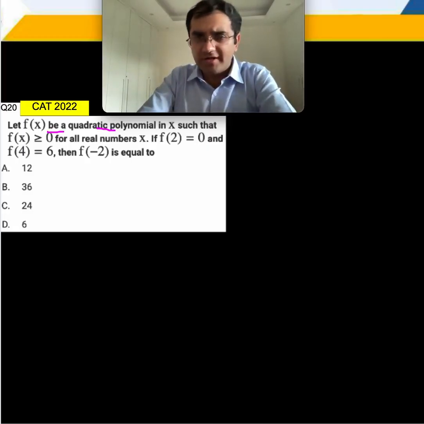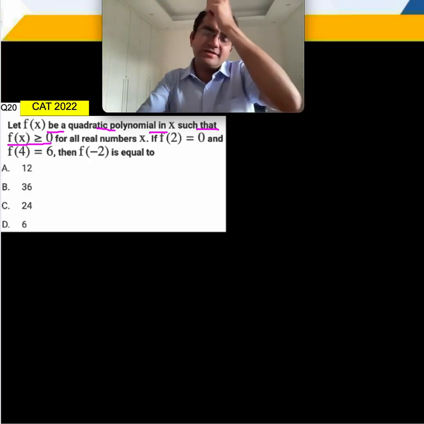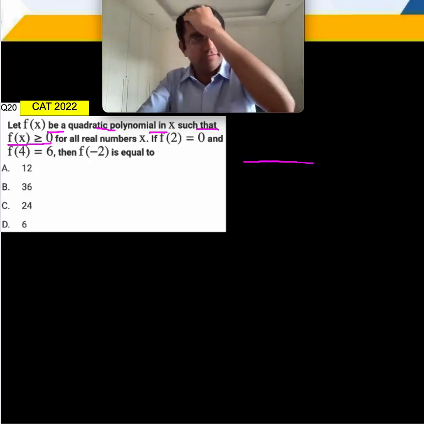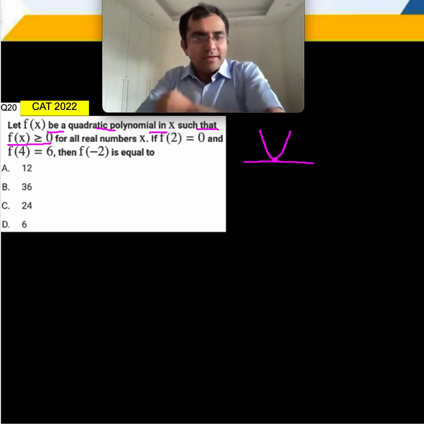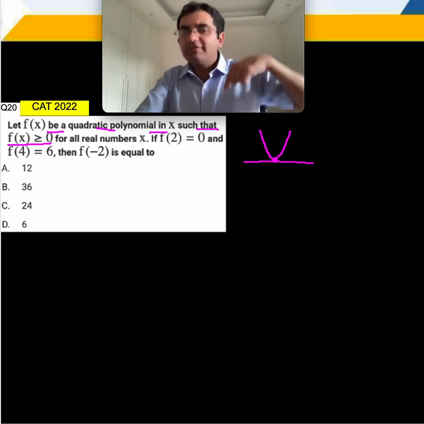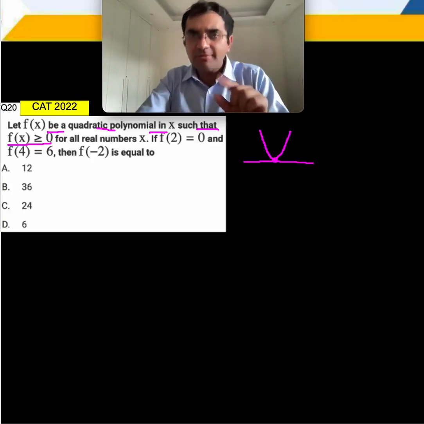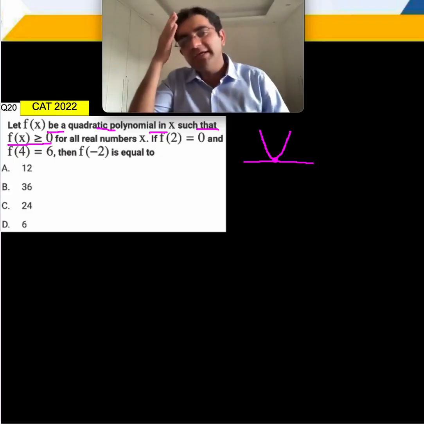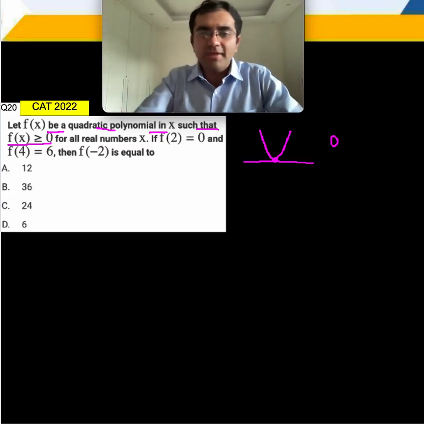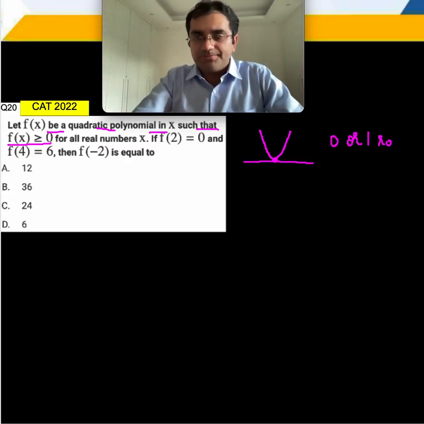There is a quadratic function f of x such that f of x is always greater than or equal to 0. So the graph will look like this. Either it is always positive, or it will touch the graph at one point, which means one point will mean equal roots. So 0 and 1 root.